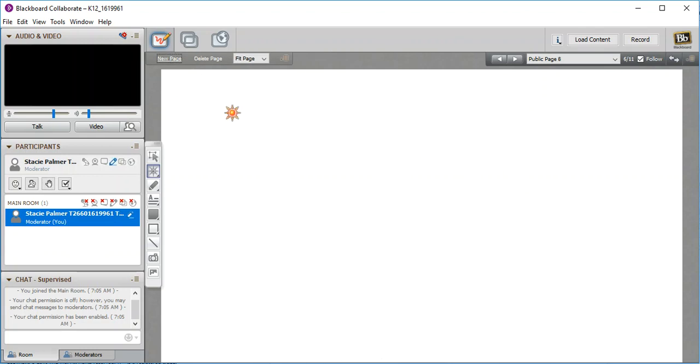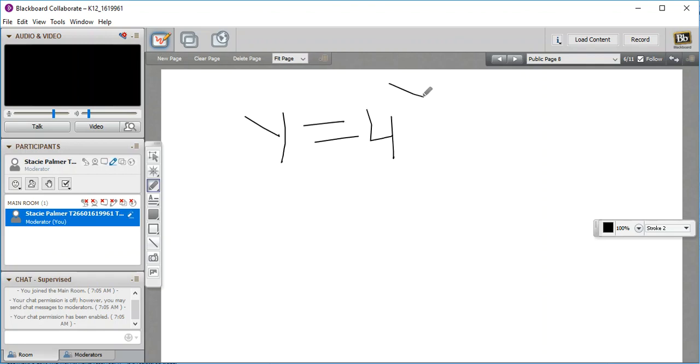So what I want you to do for your assignment today, for your quiz that you're going to turn in to me, is graph the function y equals 4 to the x power. You guys are going to set up a table of values.